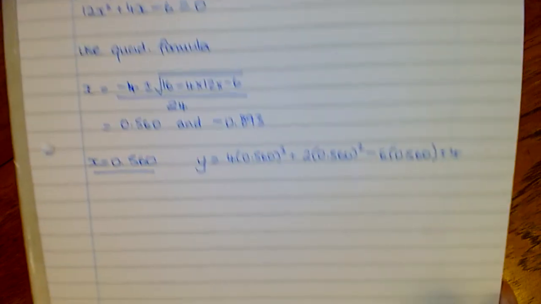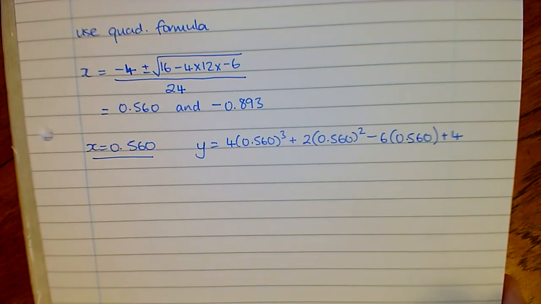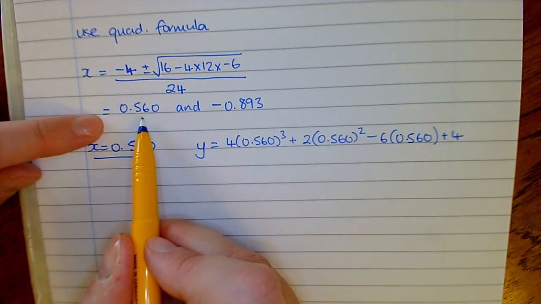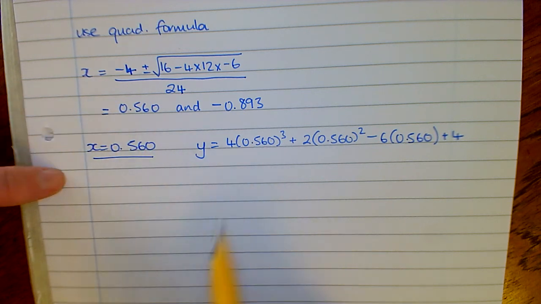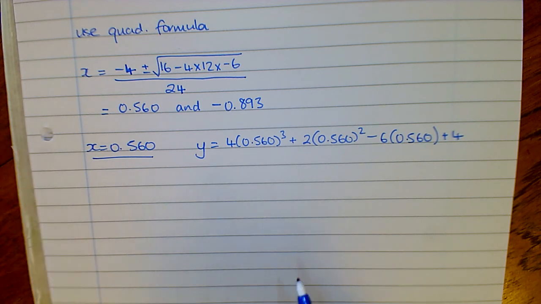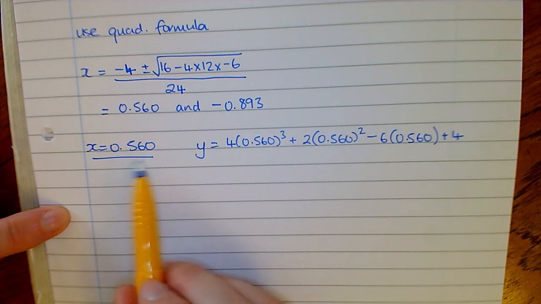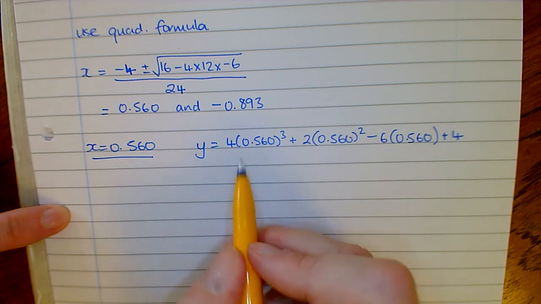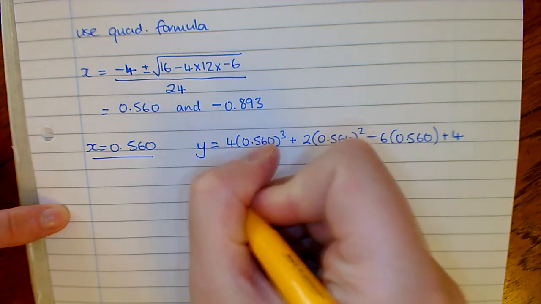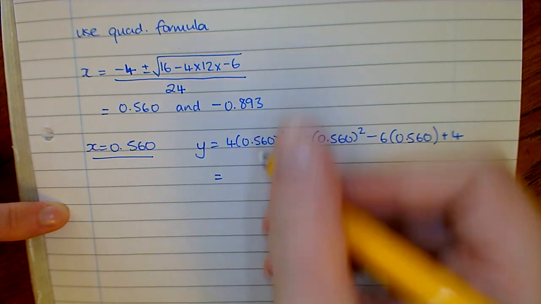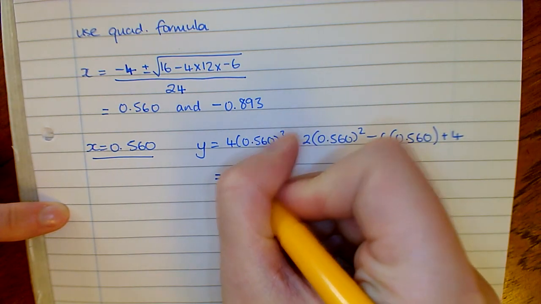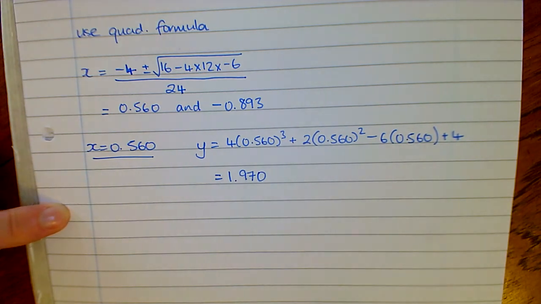Now if I was doing this in an exam, I would find my first x answer and then do all of this to find the y and the d2y by dx squared, because then you'll get the full answer on your calculator. I've rounded to 3 decimal places here, but you can keep the full thing in your calculator if you do them one at a time. So y turns out here to be 1.970.